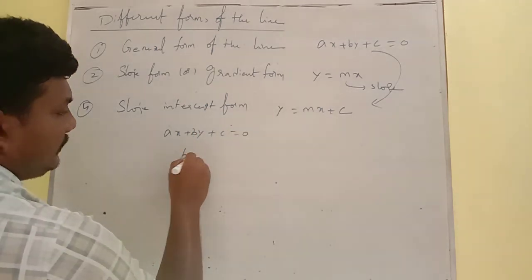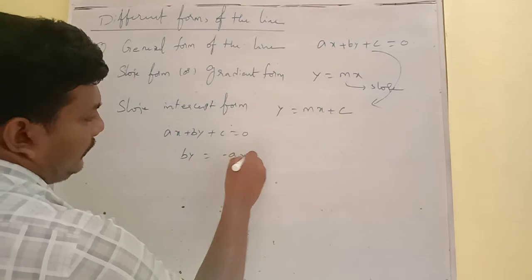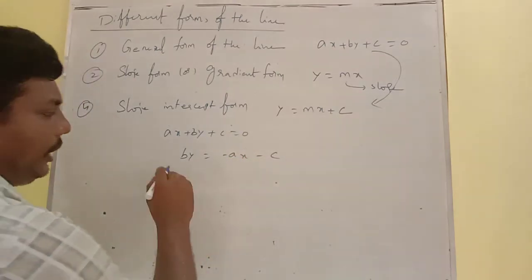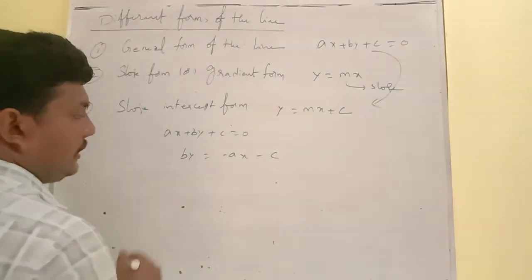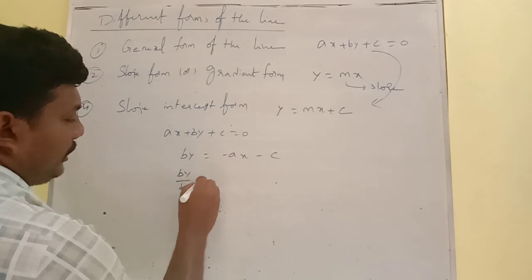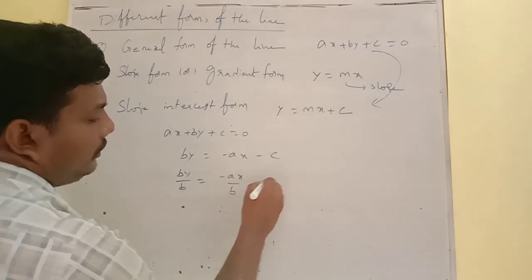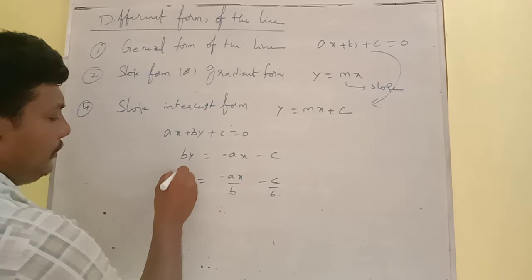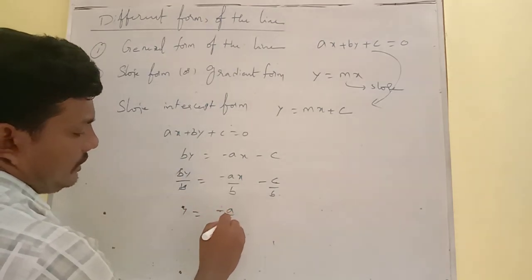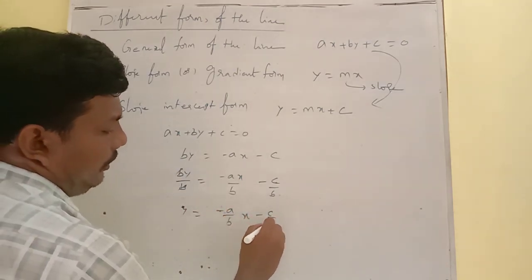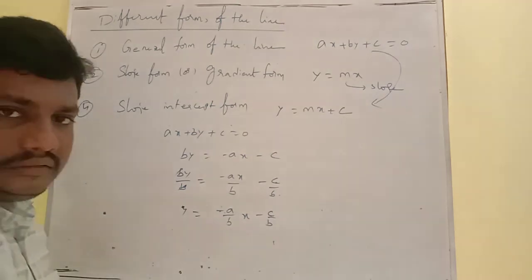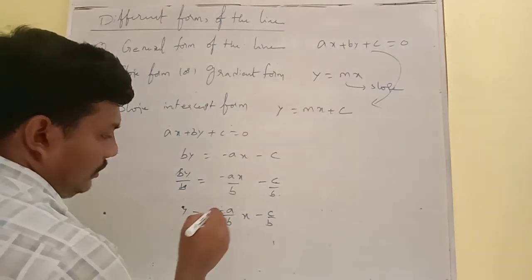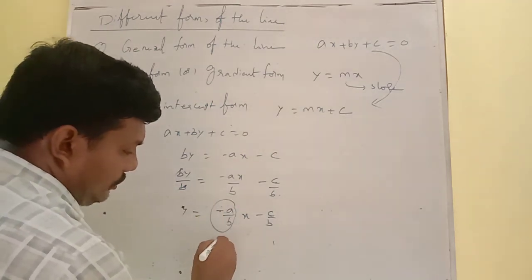Take by to this side, the remaining terms to that side: by is equal to minus ax minus c. I want only y on this side, that's the reason we are dividing by b. This is minus a by b, this is minus c by b. So b gets cancelled. Y is equal to minus a by b into x, minus c by b.